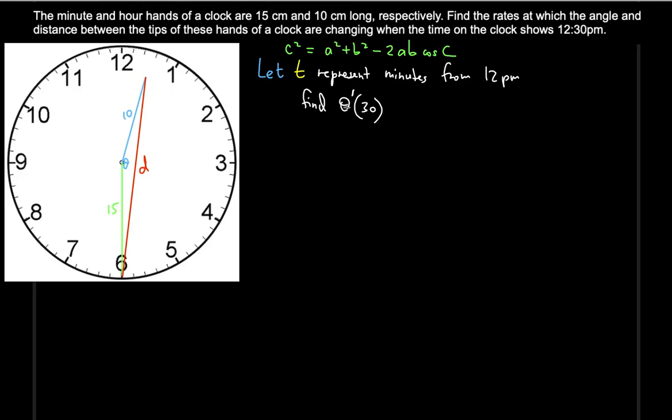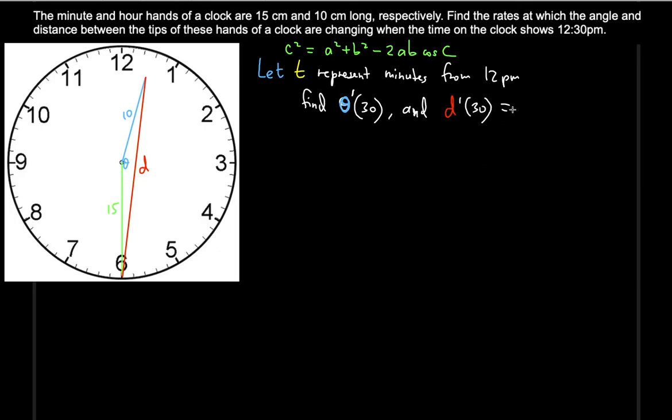The rate means that you're talking about a derivative, so that's why it's theta prime of 30. And the question also asks you to find the distance, the variable distance d. So you're talking about d. So let me put this in blue. And the d prime, of course, d prime of 30 as well.